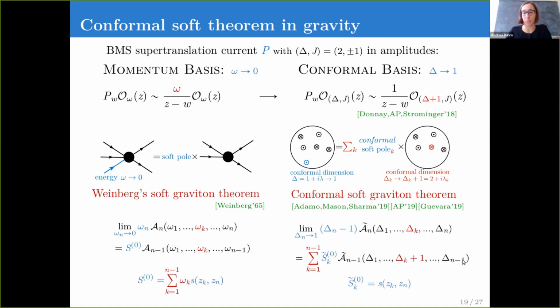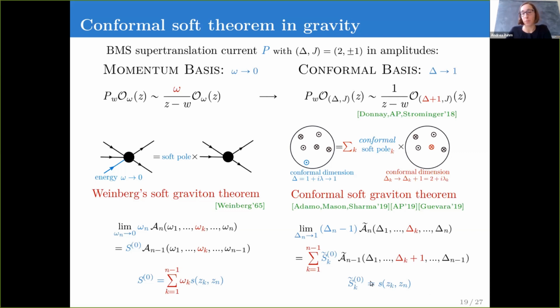So the momentum space factorization is not exactly mimicked in the conformal basis. Instead, we have a factorization of 2D correlators into a sum over lower point correlators and an explicit conformal soft factor that only depends on the angles.